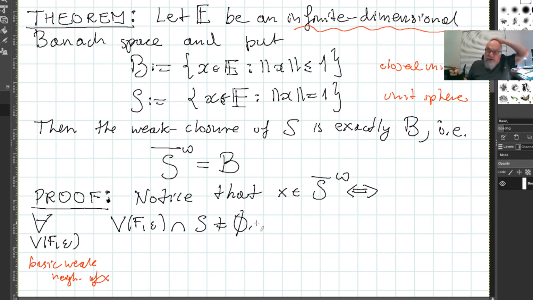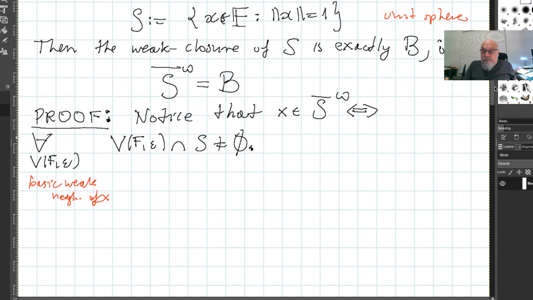That's the definition: every neighborhood of this point x intersects the set that we are closing, that means S. Okay, so let's do it.